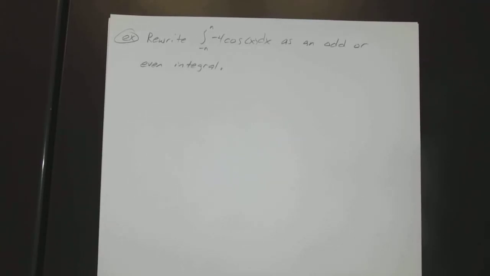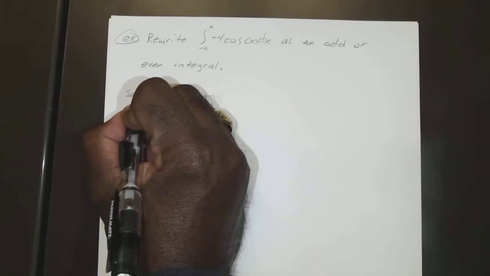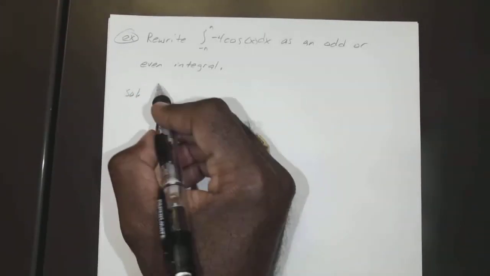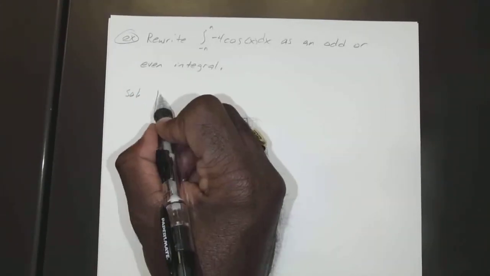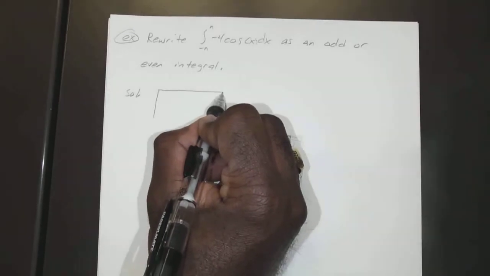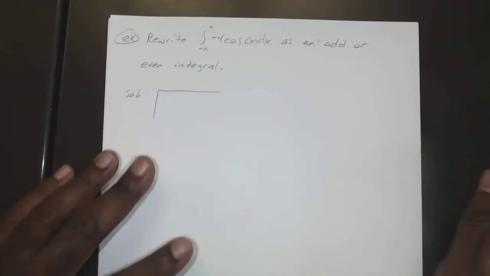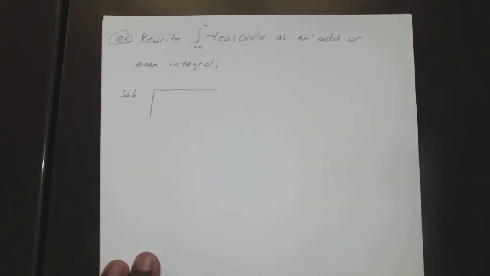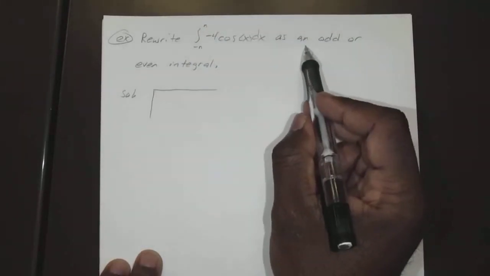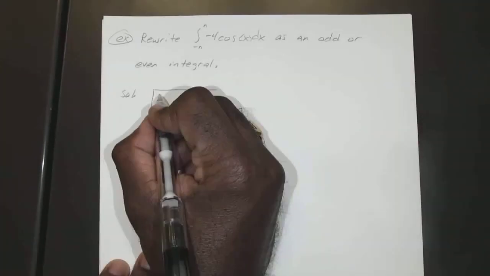Okay. So just like before, first thing we want to do is find out whether it's odd or even. So remember, cosine is actually an even function. But we don't really need that just yet. Yep, rewrite it as an odd or even integral.